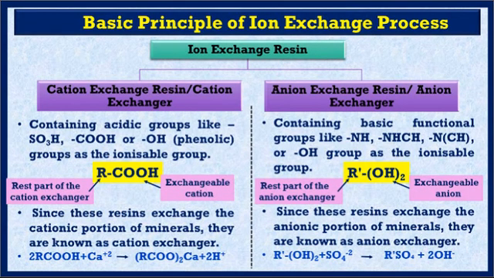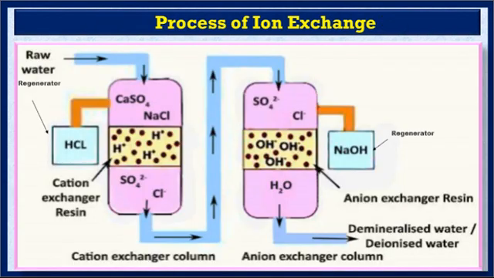We can easily see here that when this exchange process is carried out, the water now contains H plus ions and OH minus ions in place of the calcium ions and the other anions. So the water contains only H plus and OH minus ions, and all the other cations and anions are removed. That is why this process is known as the demineralization process.